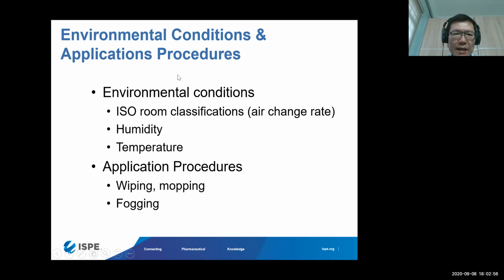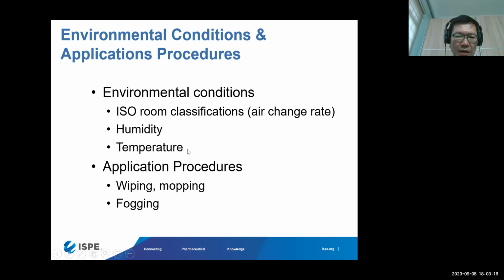So next are the environmental conditions. You need to consider the room classifications and air change rate. Of course, grade A areas and A/B areas have a high air change rate. You will need to consider the contact time as well. Sometimes it is not easy to achieve a contact time of 10 minutes. And also the humidity and temperature.